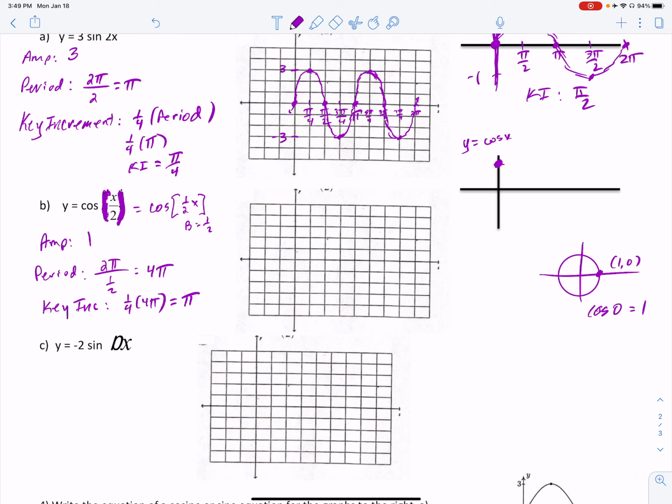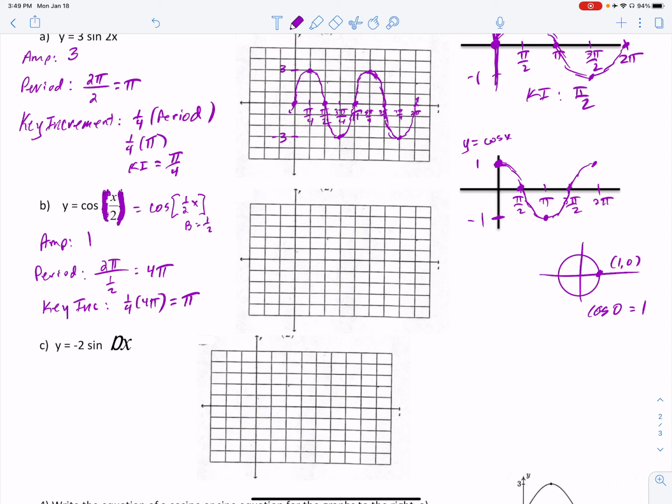So we start up at 1, and then we go by pi halves on the basic function. You're going to want to be able to sketch that very quickly. So we're going from 1 to 0 to -1 to 0, back up to 1. And there is that parent function of cosine.